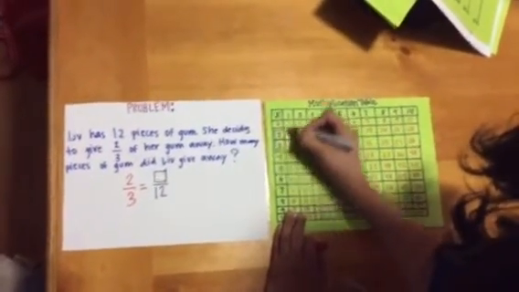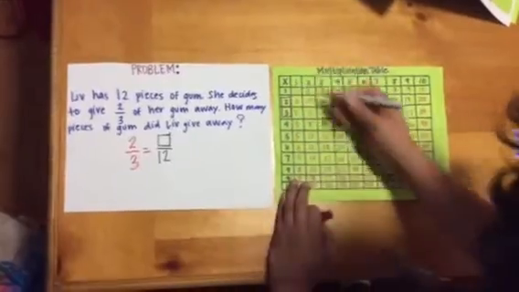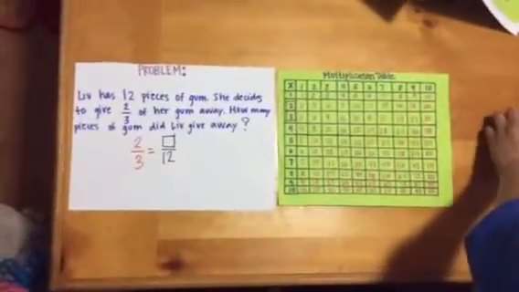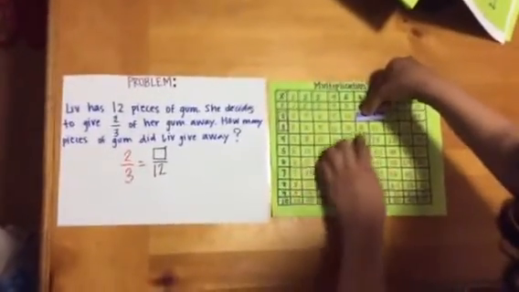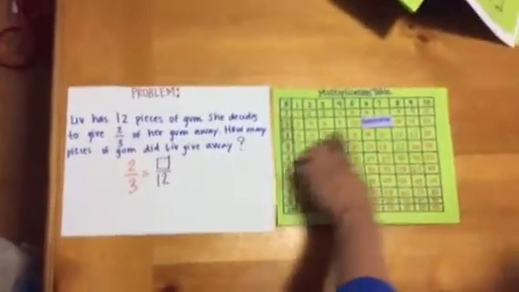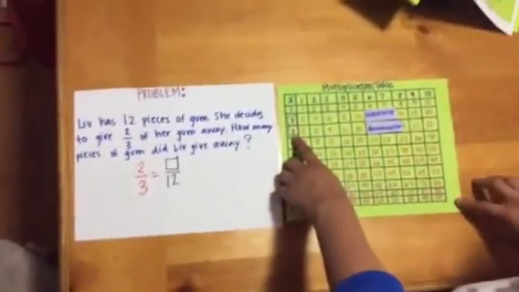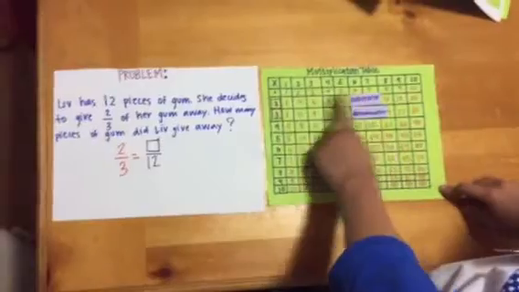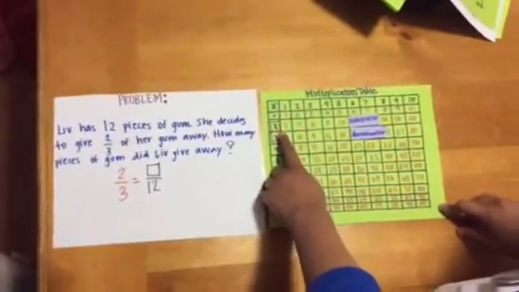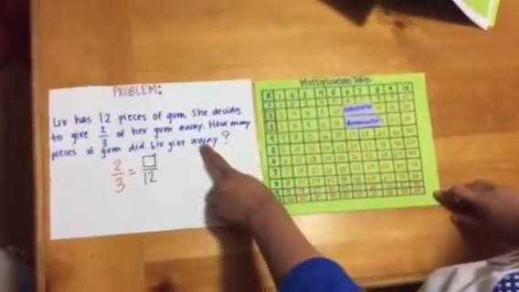This is the fraction that we're working with. So, in a sense, this is our numerator, and this is our denominator. Because we know that the total number of parts is 3, and the numerator is 2. So we're looking for 2/3 of the gum that Liv gave away.